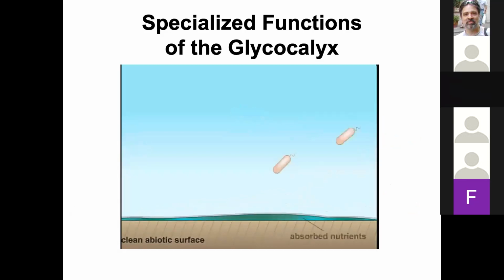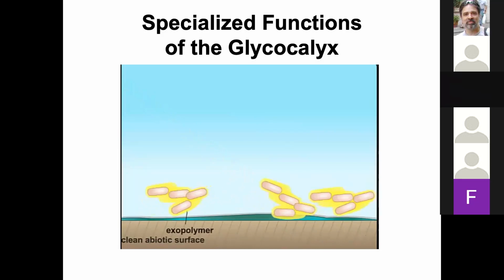A biofilm is formed when microorganisms attach to and grow on a variety of biotic and abiotic surfaces. The initial attachment is usually reversible and often involves attachment by flagella, fimbriae, or other cell surface structures. This is followed by growth of the microorganism and production of an exopolymer, which makes the attachment irreversible.